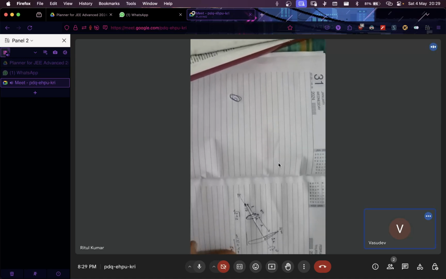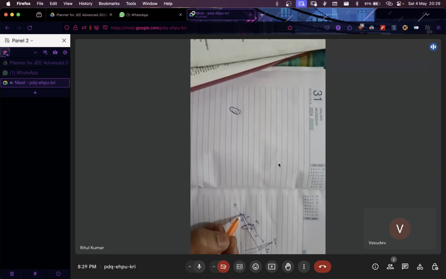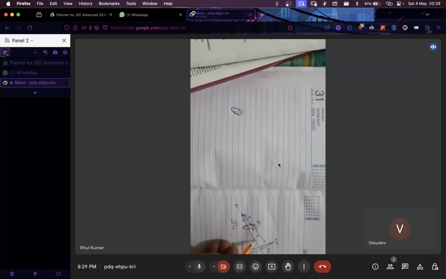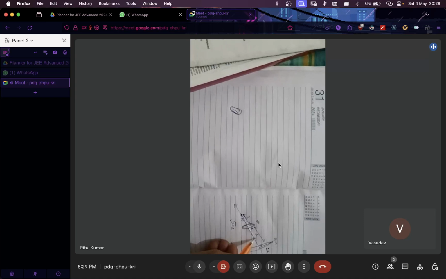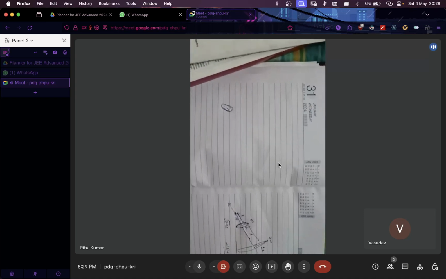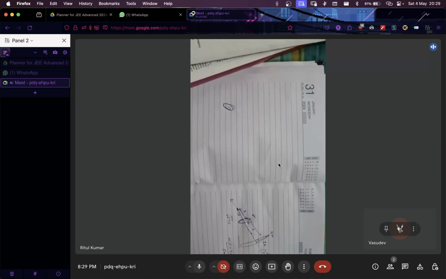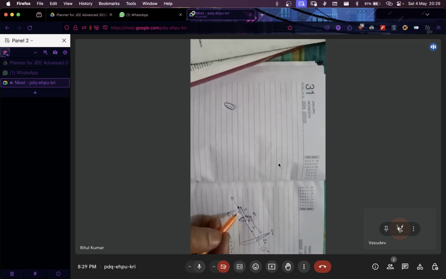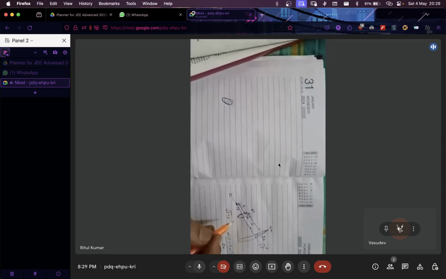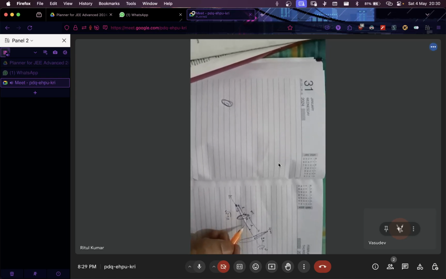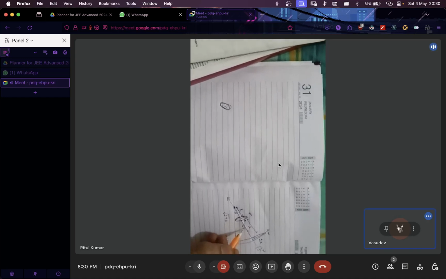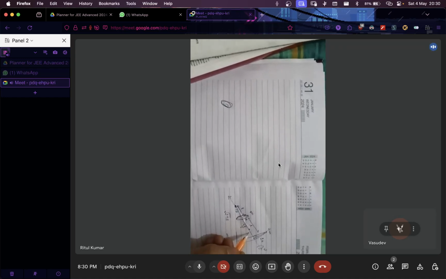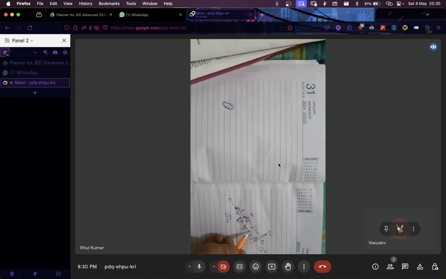So 9L by 5 from here means the position is somewhere over here. It will be 2L minus 9L by 5, or 9L by 5 minus L, and we get 4L by 5. So this will be 4L by 5 to us, and this will be L by 5. We got the position of the center of mass.